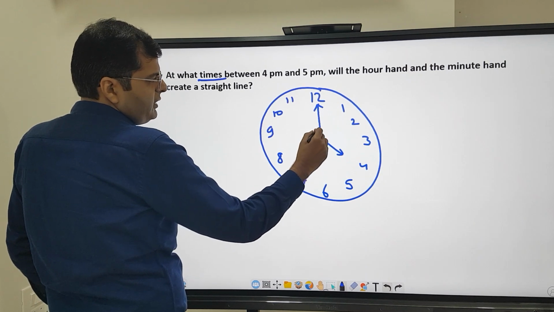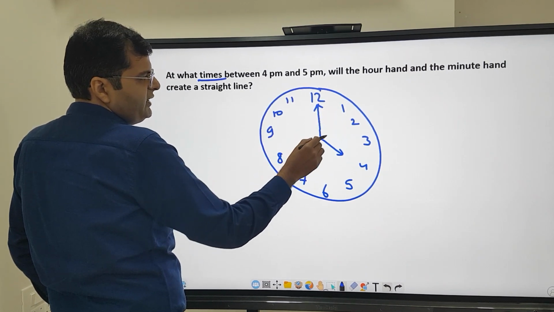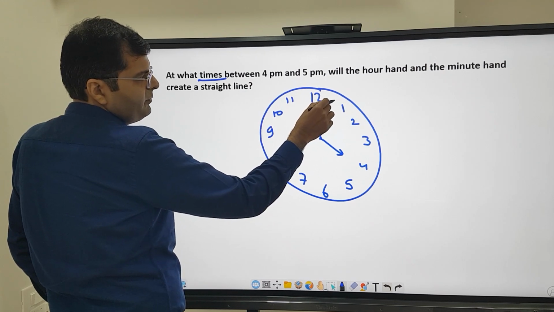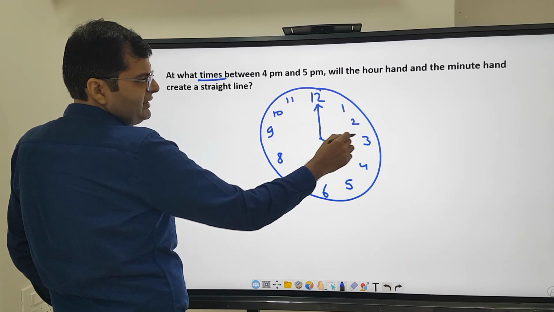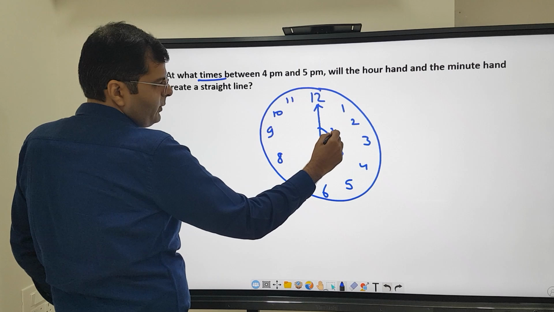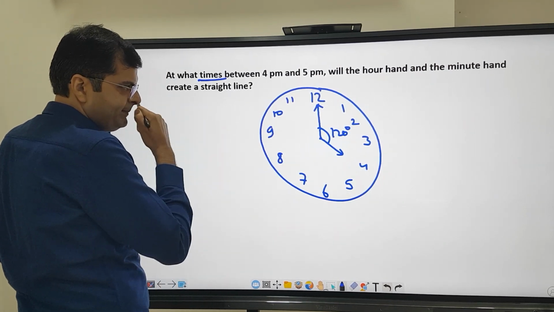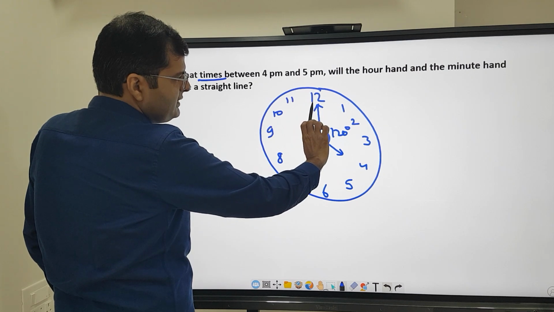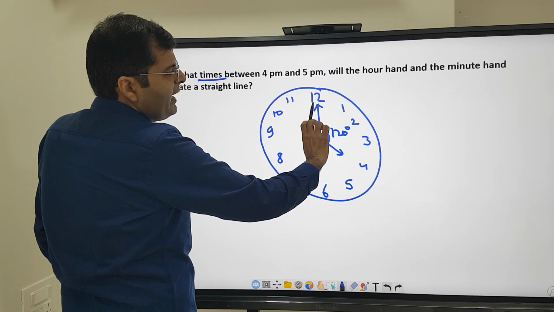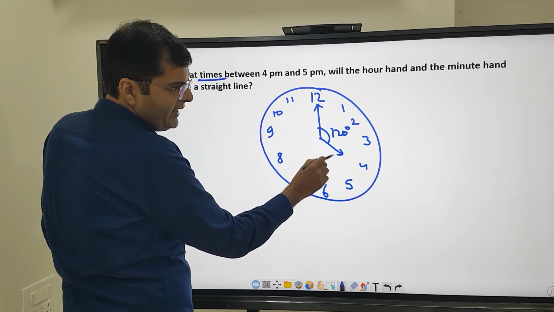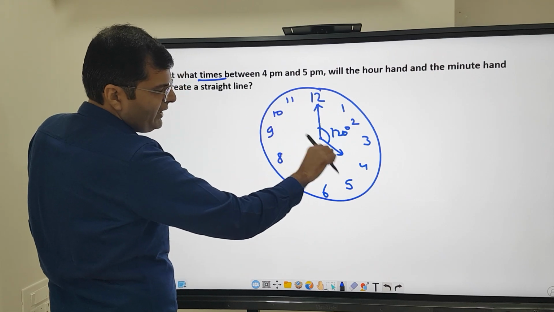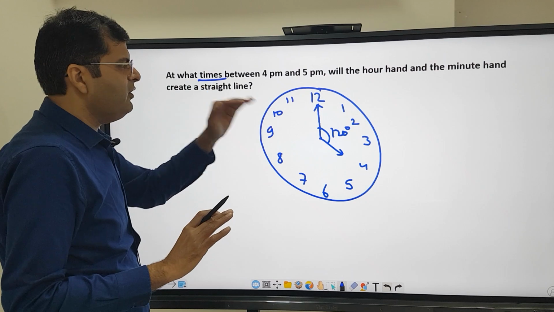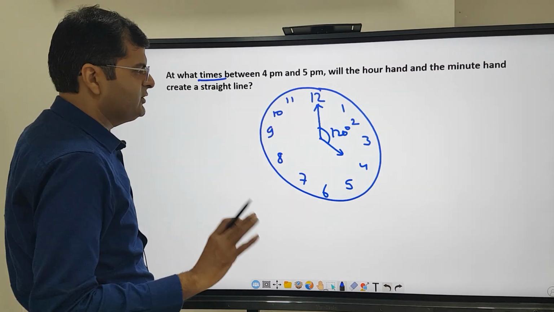Now if it is 4 o'clock, we know that from 12 to 1 it is 30 degree, from 12 to 2 it will be 60 degree, 12 to 3 it is 90 degree, so 12 to 4 this angle is 120 degree. We know that. Now when they overlap, what this means is our hour hand will move slightly between 4 and 5 and the minute hand will also catch up. So it has to catch up and complete 120 degree of catch up. That is what the minute hand has to do.